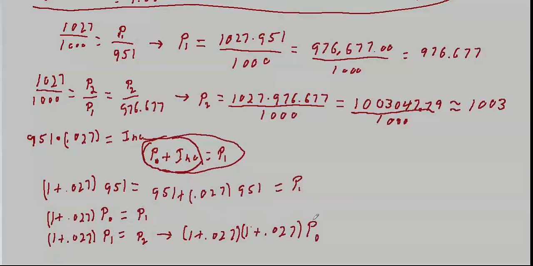Notice the first year we multiply by 1 plus the increase. The next year we multiply by 1 plus the increase twice. Next time, guess what? It's going to be 1 plus the increase 3 times. Or, let's just make it 1.027. That's what that actually adds up to. Squared times P0.